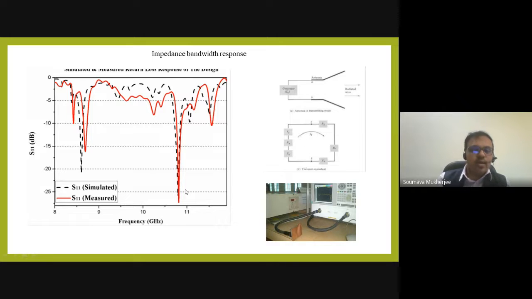Typically the bandwidth is measured with the scale of -10 dB. So this is the limit. The F1 and F2 within this limit is called the bandwidth of the antenna. For this antenna it is very narrow in the two bands, but this is a dual frequency antenna. That's how we can get this information from this graph.